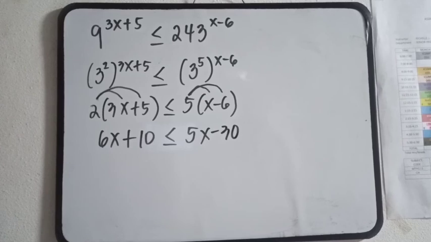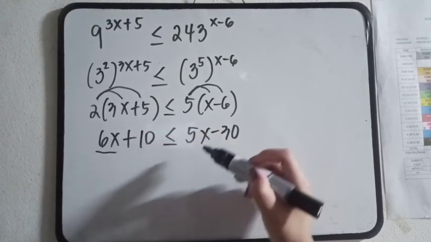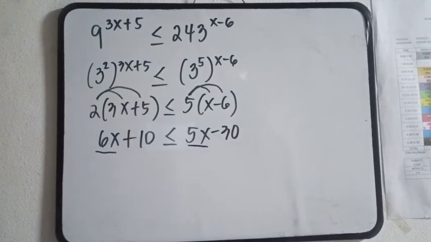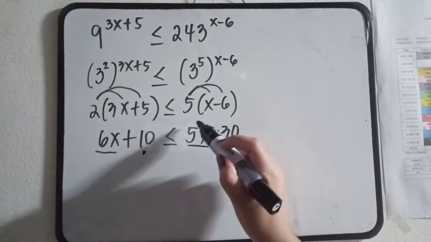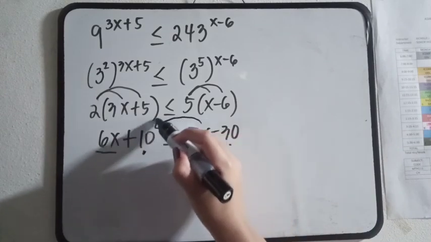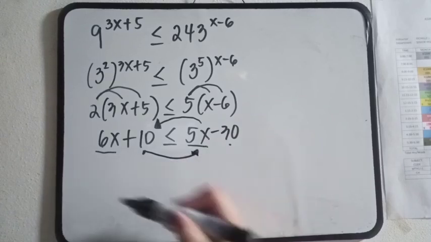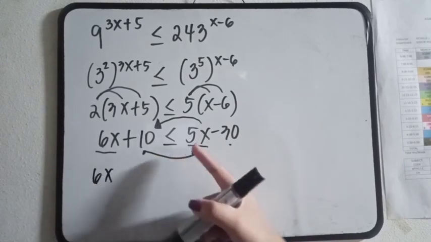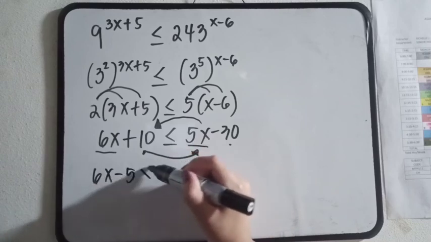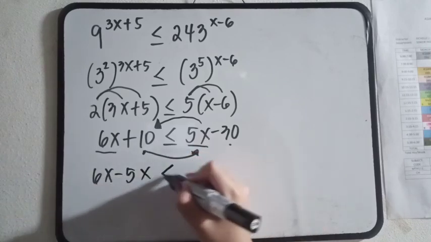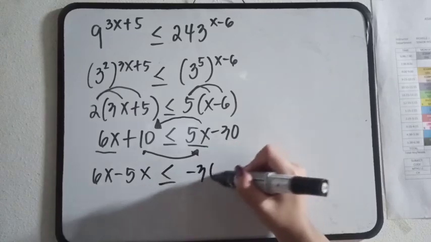Okay, so combine like terms. Ang like terms lang is si 6x tsaka si 5x. Then si positive 10 at negative 30. So si 5x lipat sa kabila. Then si 10 lipat din dito. Okay, so magiging 6x. So from positive 5x magiging negative 5x is less than or equal to, so dito is negative 30.